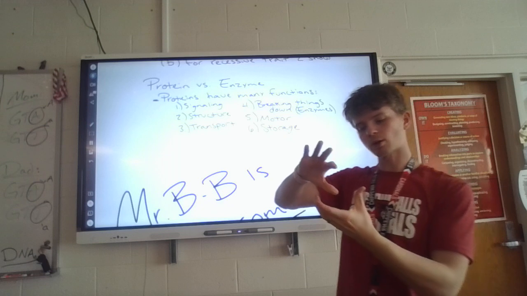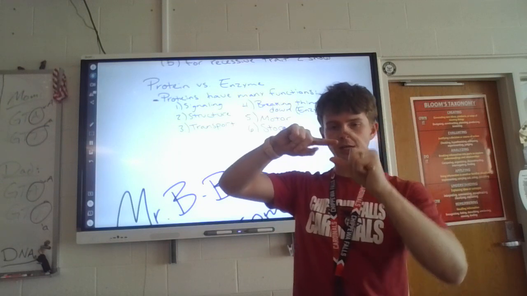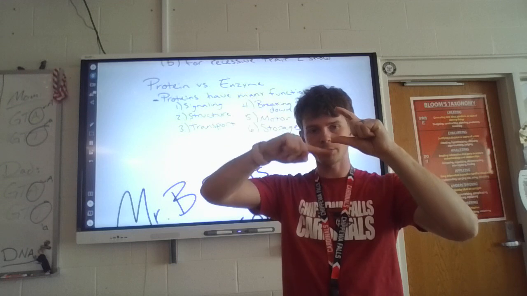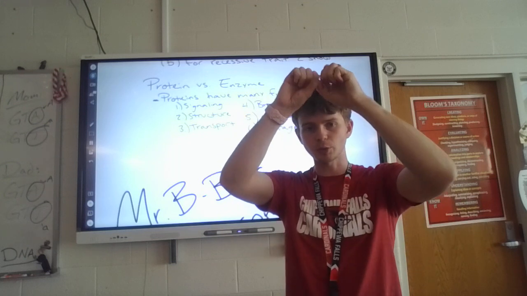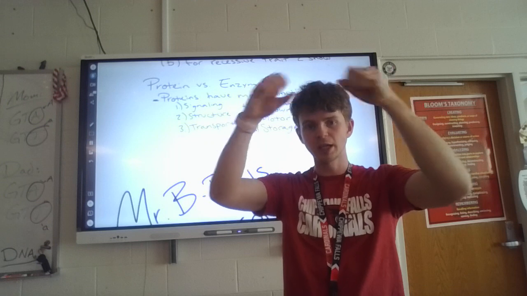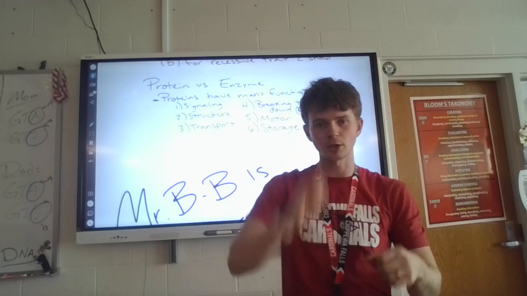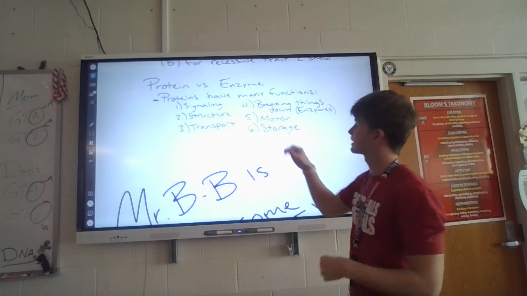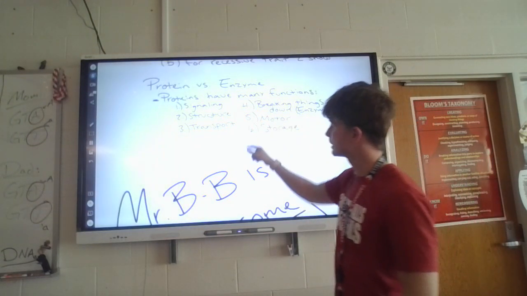For example, when we are doing cytokinesis and the cell is actually starting to split, what happens is down the middle of the cell, around the perimeter of the cell, there will be a protein ring, and that protein ring will start squeezing until it splits the cell down the middle, and now we have two cells, like it pinches the middle. So we do have proteins that help with structure, support the cell, or change the shape of it. We have proteins that act as transport.